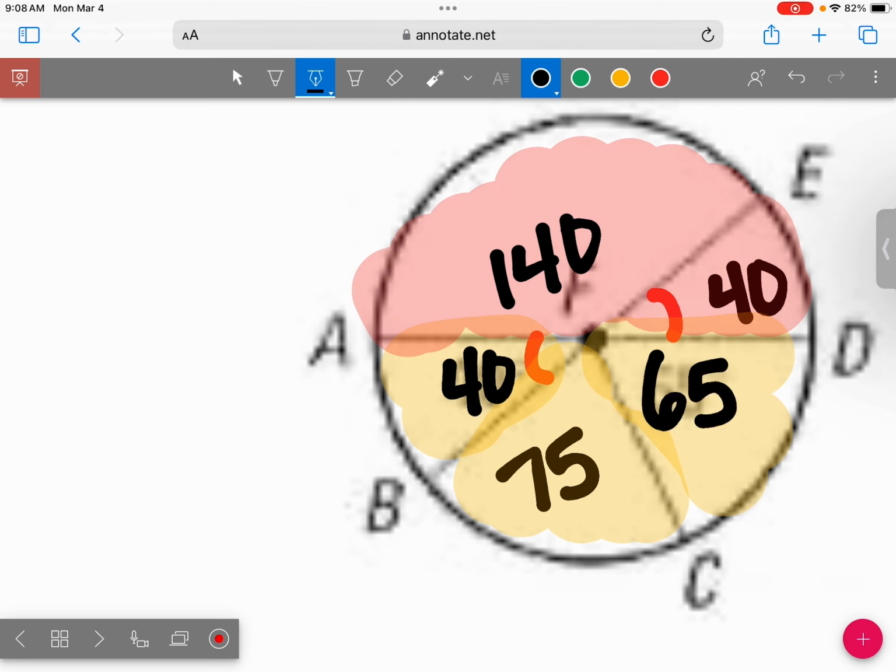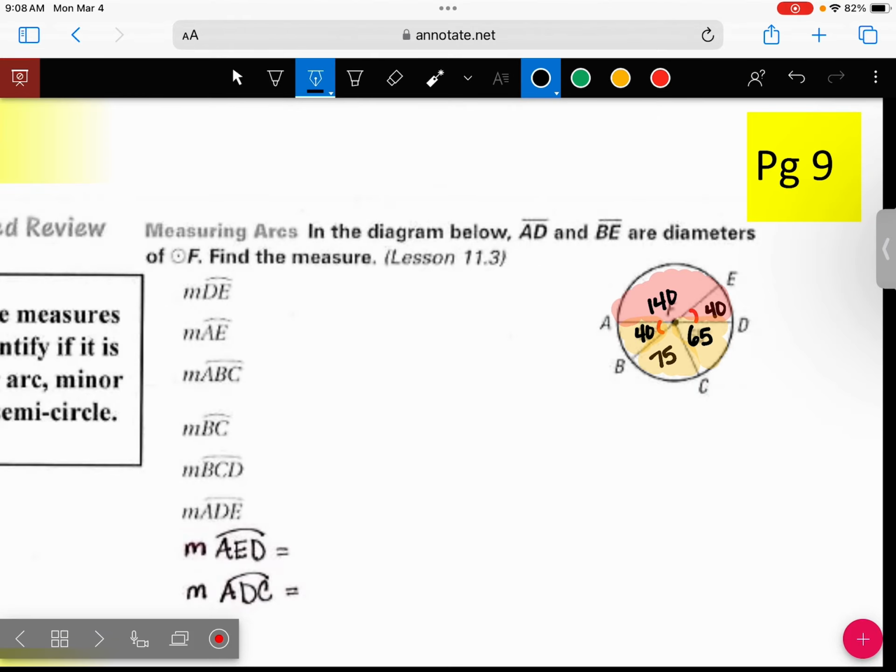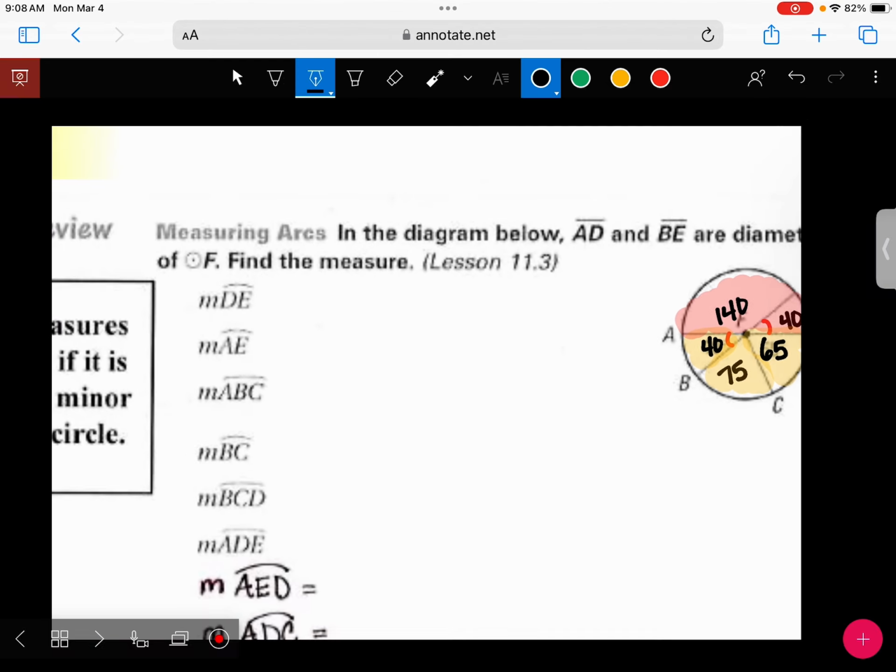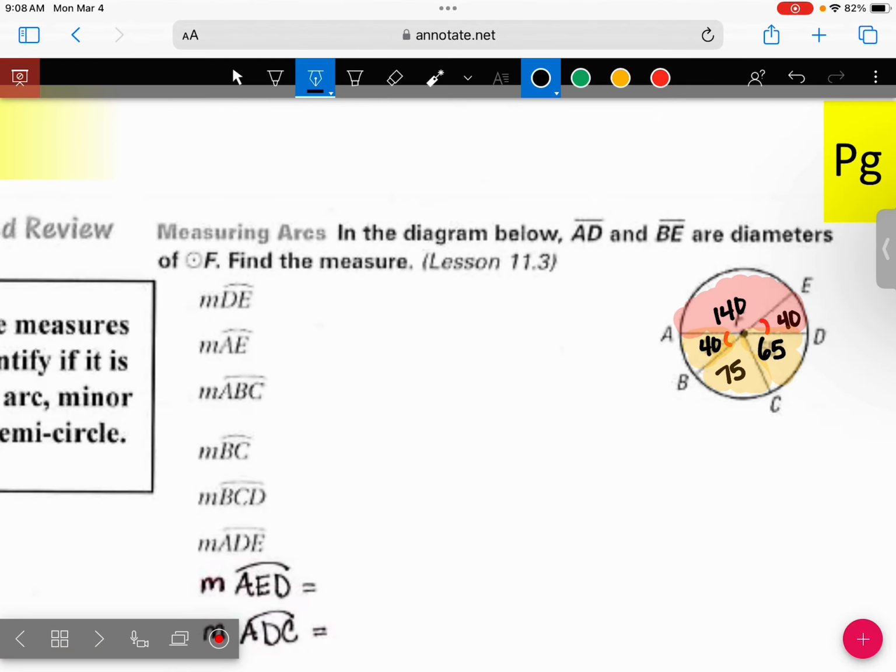Now that we have all the measures of all the pieces of our pizza, we can answer. We're only going to do a few of these. Let's do DE. All of these are central angles.